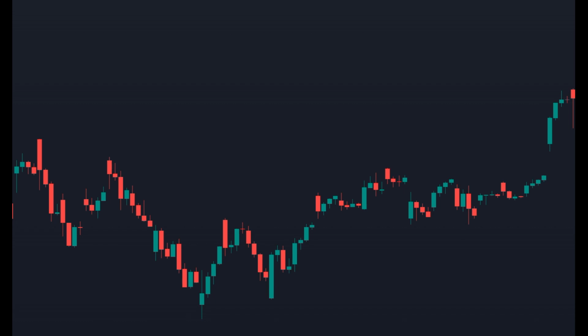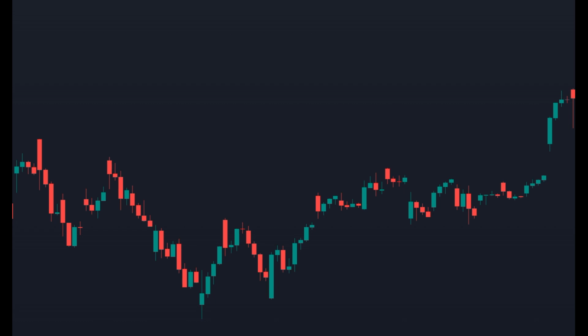So the psychology behind this: the sellers have pushed the price down, then the bulls came back into the market, pushed the price up again, but they weren't successful. The bears could hold against them, and the candle ended as a short candle.